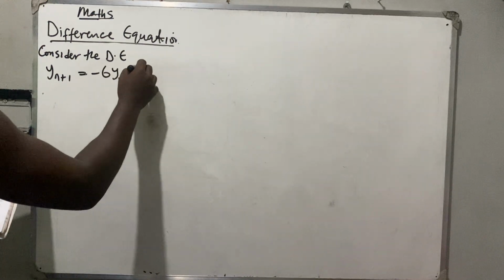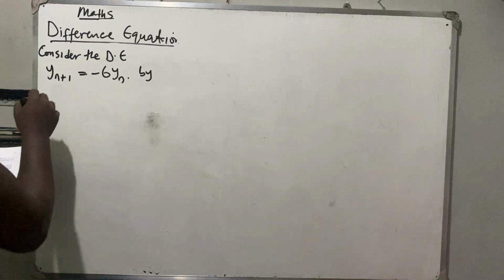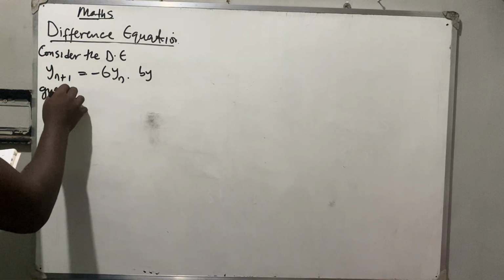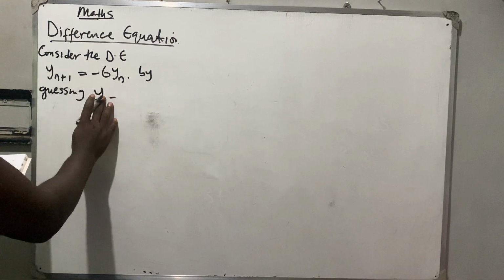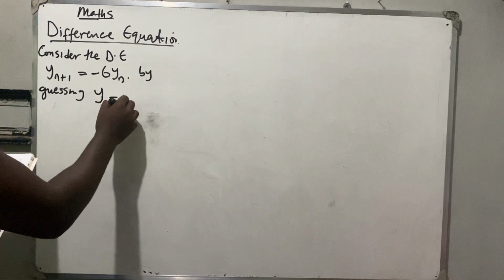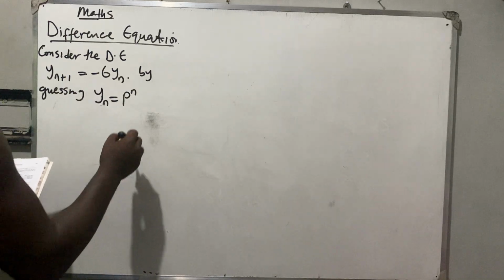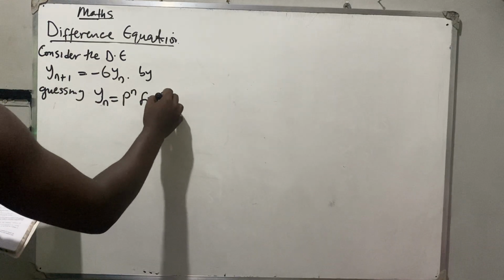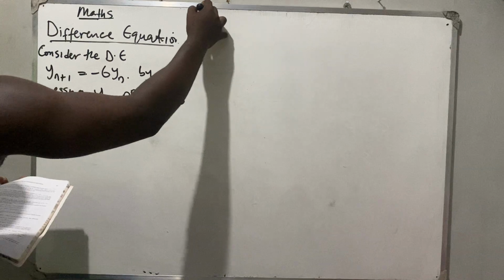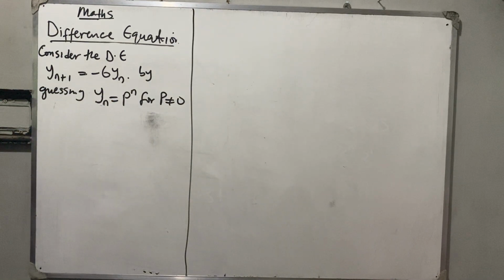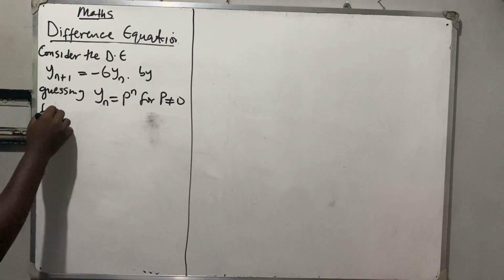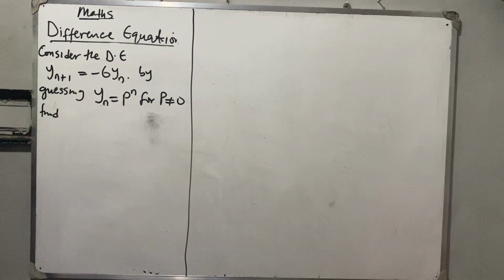Then I said by guessing that y_n is equal to p raised to power n, for p not equal to 0. Then I say we should find, for p not equal to 0. Where is the question? Okay, find a solution to this equation.